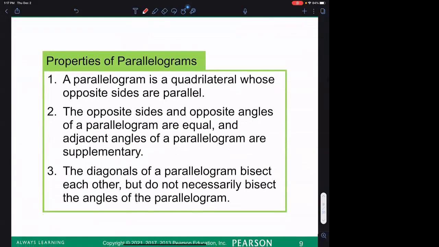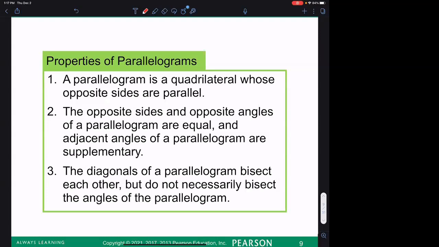So they're going to give us some properties of parallelograms real quickly here. And that sometimes helps us visualize what's going on with vectors, like they already drew one of those that I referred to earlier as a way to see how to add vectors together. So first of all, a parallelogram is a quadrilateral whose opposite sides are parallel, meaning have the same slope, basically.